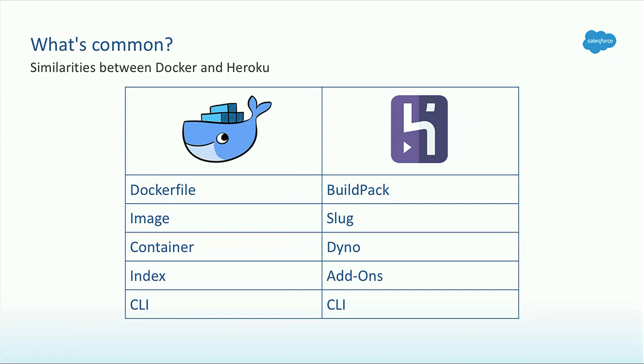The Docker image is comparable to the Heroku slug, and the Docker container is comparable to the Heroku dyno. Whereas the Docker index is basically compared to the Heroku add-ons, which we have got. And then Docker itself has got its own CLI, like our very own Heroku does.